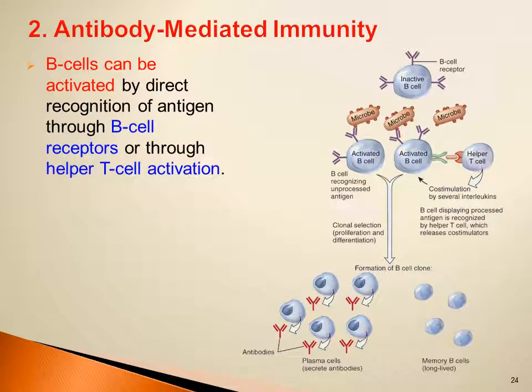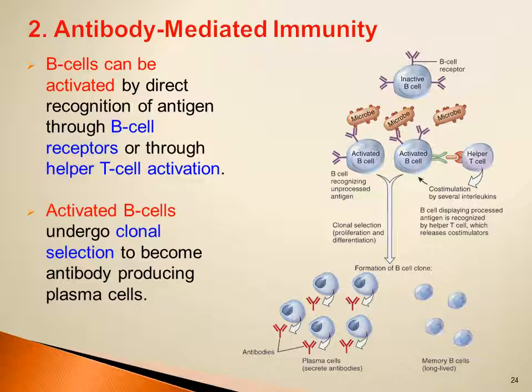The activated B cells will form a clone of B cells. The clone is formed of plasma cells that produce and secrete the antibodies, and memory cells for the next or subsequent encounter with the same microbe, so for the next infection with the same microbe.